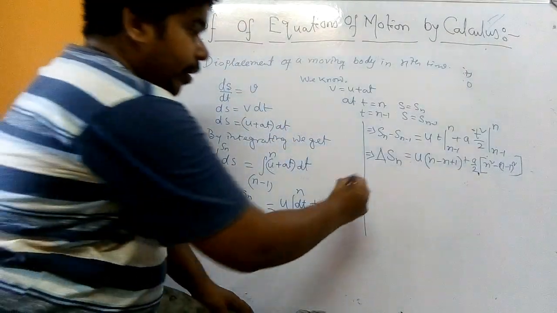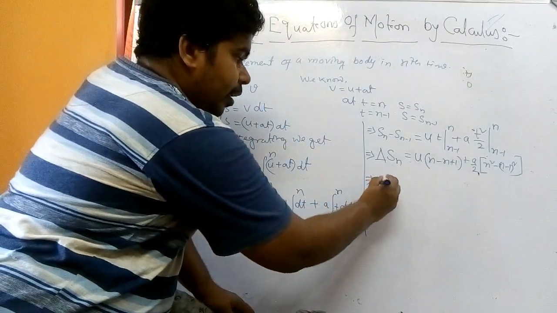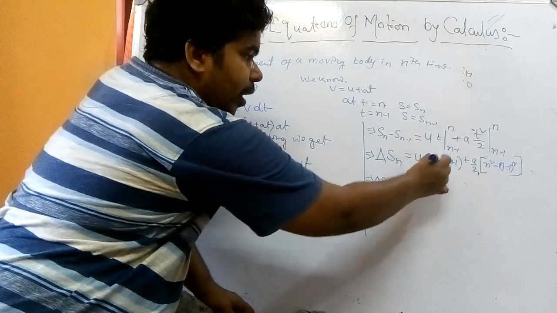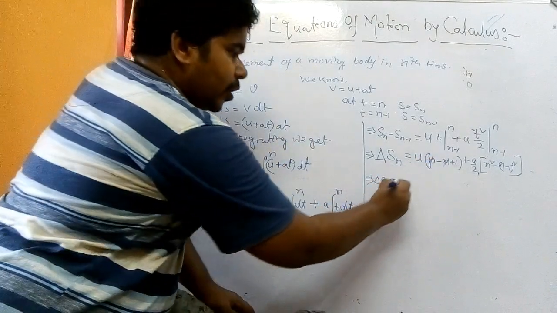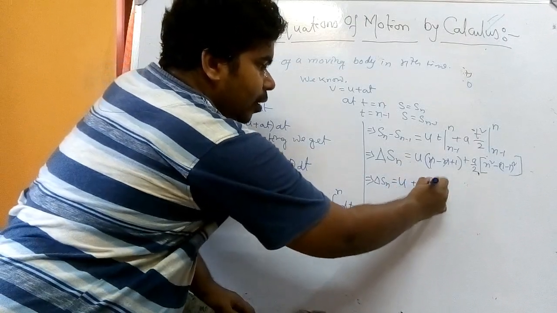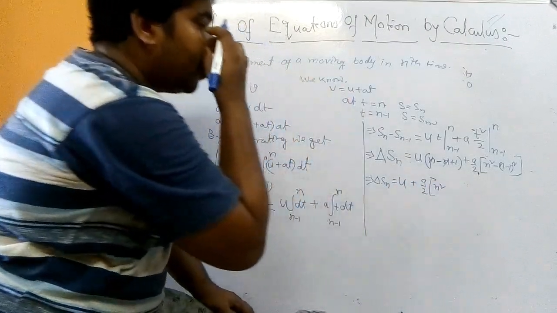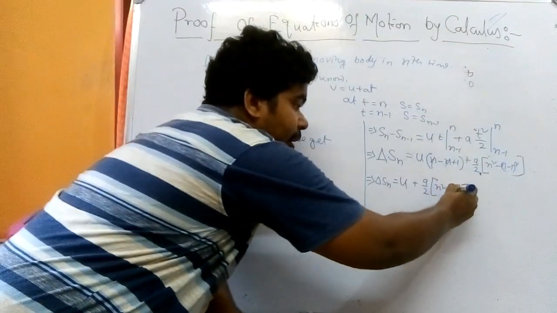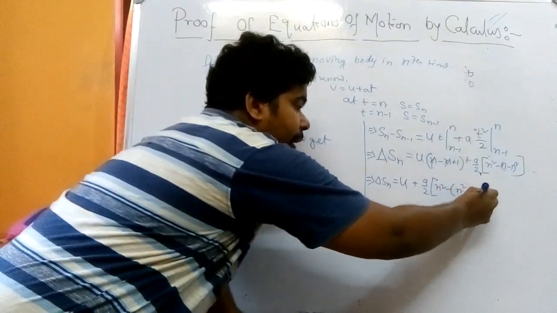Okay, let's calculate it. Delta Sn is u into n minus n cancel out, it will be u plus a by 2 n square, and n minus 1 whole square means n square minus 2n plus 1.